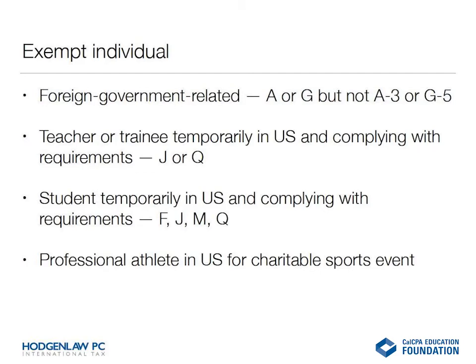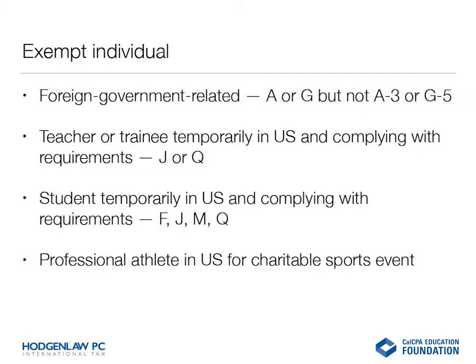Exempt individual, of course, does have a specific meaning here, and it mainly has to do with what type of visa you're in the U.S. on. This includes foreign government-related individuals, people on A or G visas, but not A3 or G5.